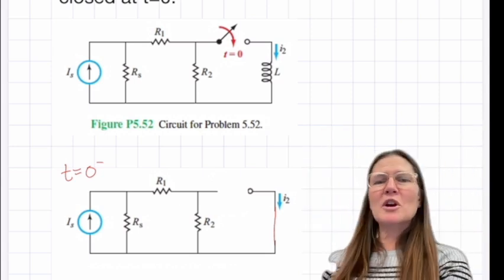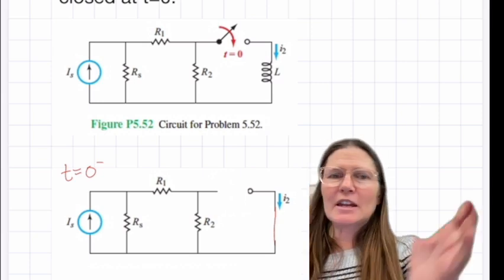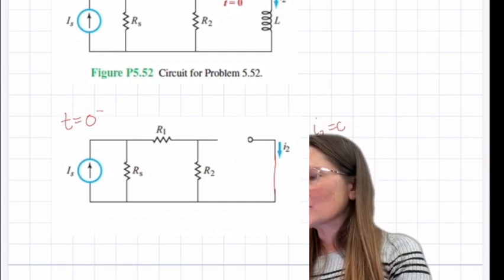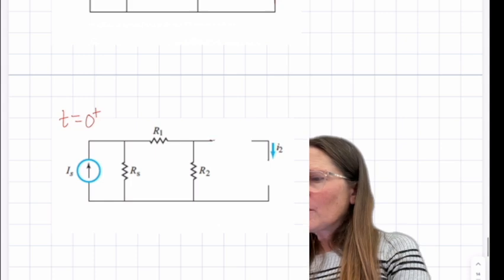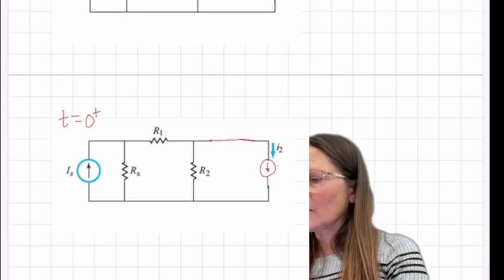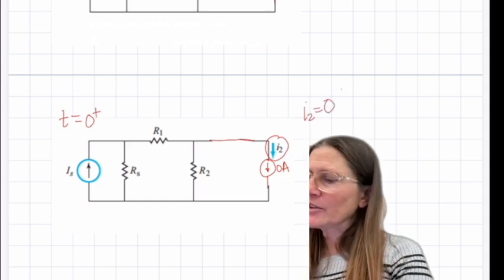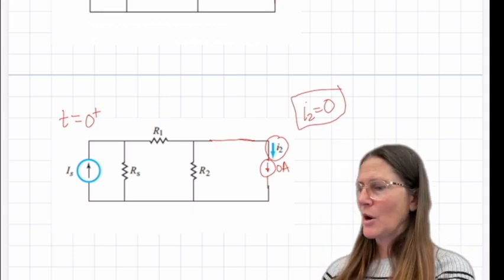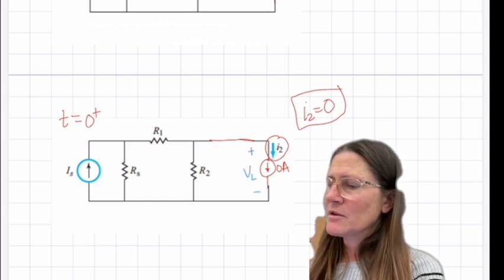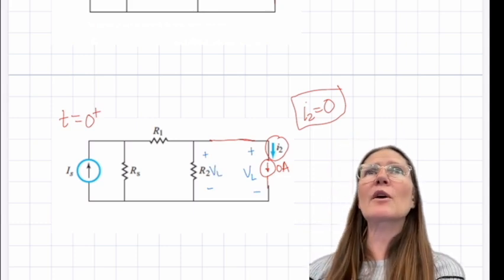Okay, so for time equals 0 minus, this is still going to be open. And then the inductor acts as a wire. So there's no current flow there, so that still stays 0. For t equals 0 plus, this gets closed, and now this becomes a current source with 0 amps, which means that's going to be the same value. So this still stays as I2 is 0. If I was to try to find the voltage here, this would be the same voltage that's across R2 in this case, and that would be your initial value.